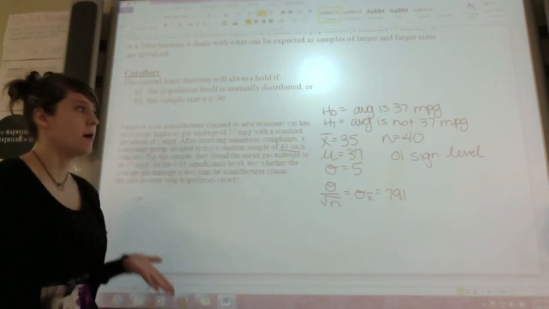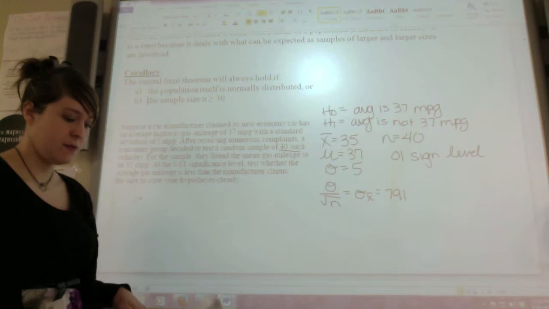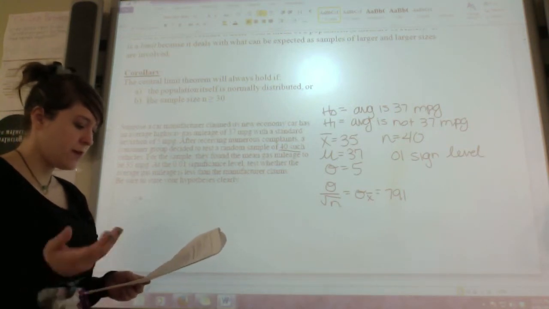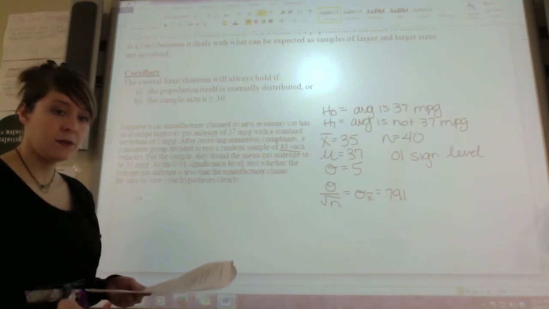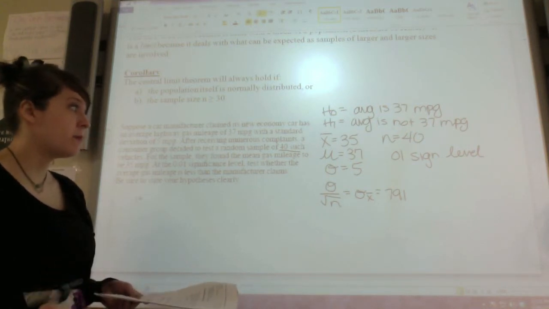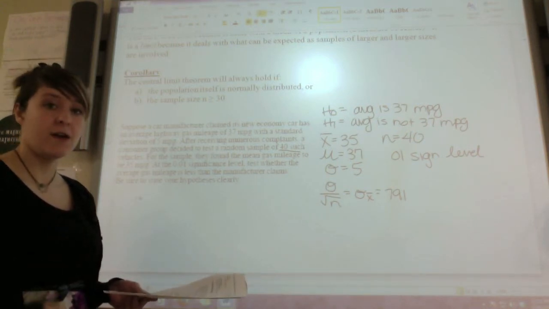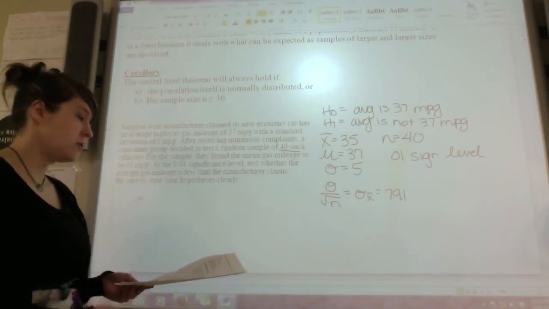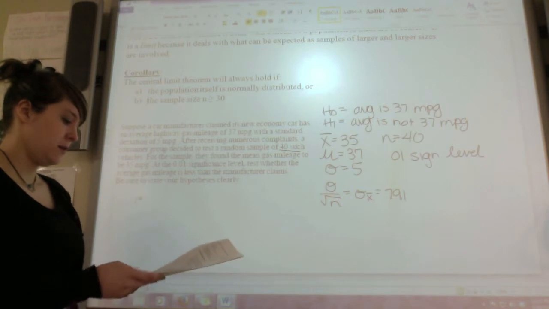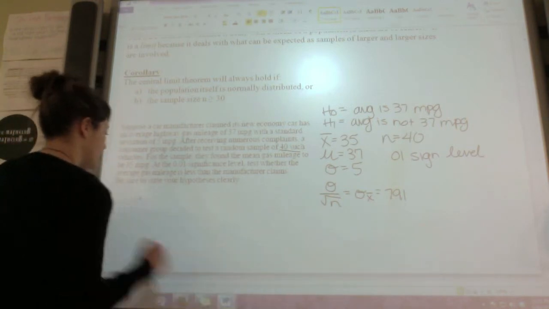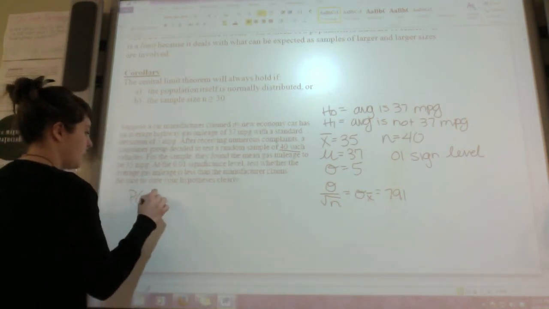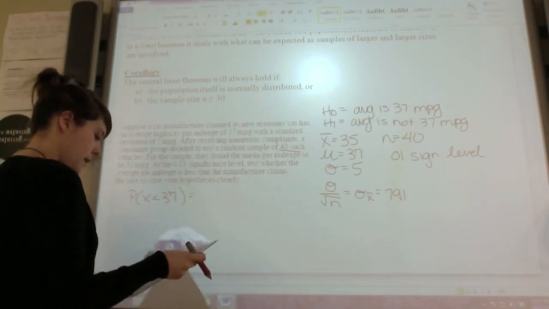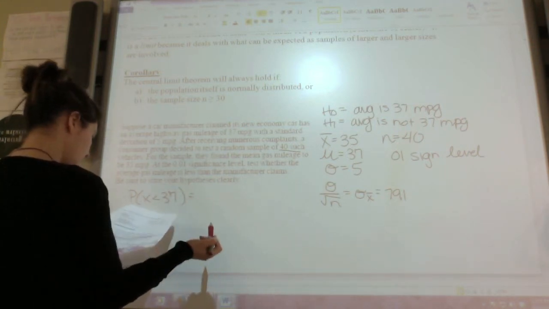So I've got all my values here. I need to think about what is less likely to happen than what actually happened. I found the mean to be 35, and I know that it should have been 37. So what I'm going to do is test everything less than 37. So I've got the probability that x bar is less than 35. To calculate that, I can find my z-score.